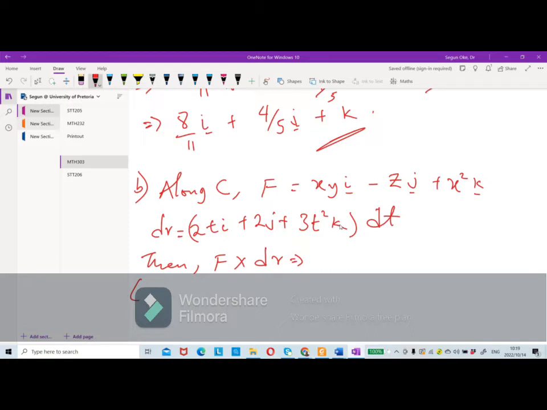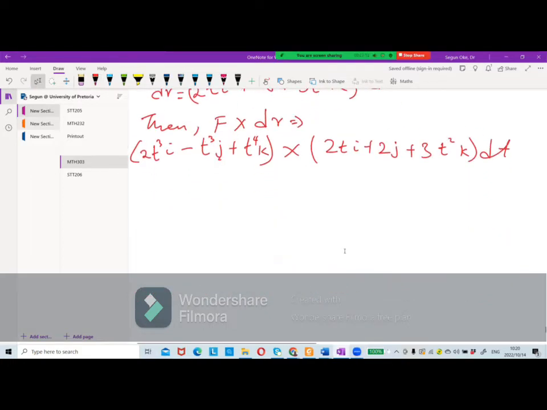So we have t squared multiplied by 2t, that's 2t cubed i, minus t cubed j, plus t raised to power 4 k, cross 2t i plus 2j plus 3t squared k dt.